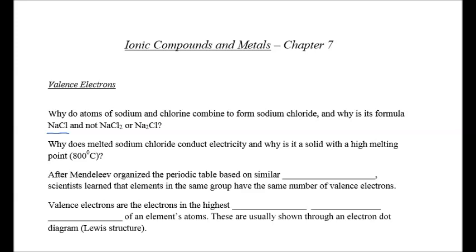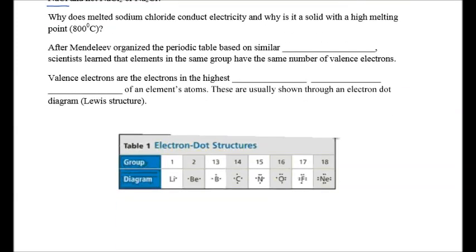So Mendeleev arranged the periodic table based on similar properties. Scientists then learned that these properties are based on valence electrons.